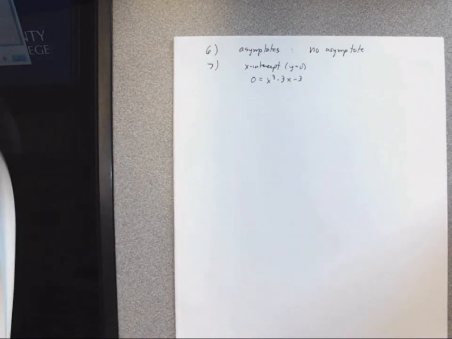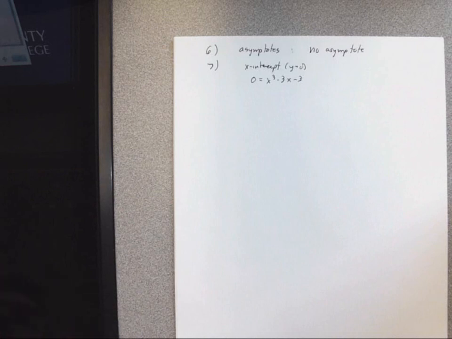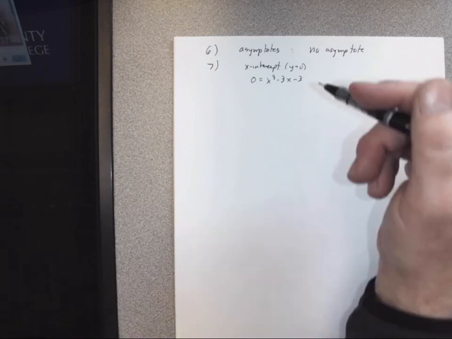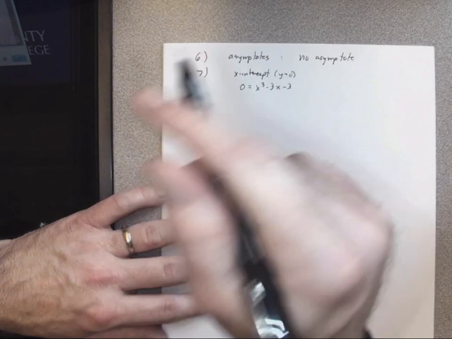Okay, Google, cubic equation. According to Wikipedia, in mathematics, a cubic function is a function of the form where the coefficient... You know, I'm not going to waste your time. I wouldn't make you guys solve a cubic unless it was easily solvable.